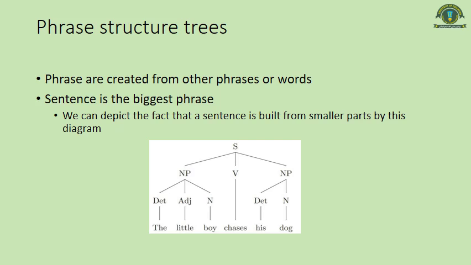And if we consider this noun phrase, the little boy, it's the combination of determiner the, adjective little, and noun boy, and the verb is chases, and the other noun phrase followed by the verb is the combination of a determiner and a noun, his dog.